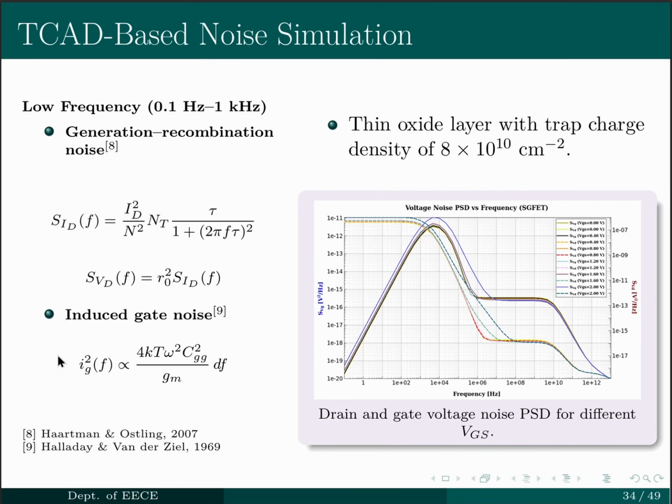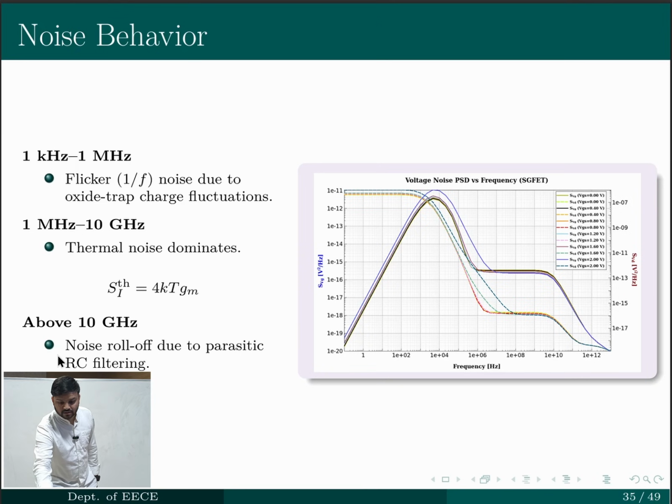After that, from 1 kHz to 1 megahertz it shows the 1/f behavior, meaning flicker noise. From 1 megahertz to 10 gigahertz it shows the thermal noise behavior, and beyond 10 gigahertz there is a roll-off in the noise because of the RC filtering.